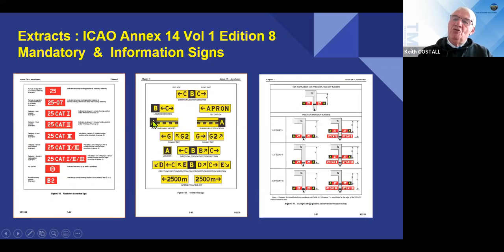Now, in some cases you'll see something like this. This is a runway vacated sign. Interestingly, normally speaking, when there is a single information sign like that, the location sign will be installed on the outboard side.